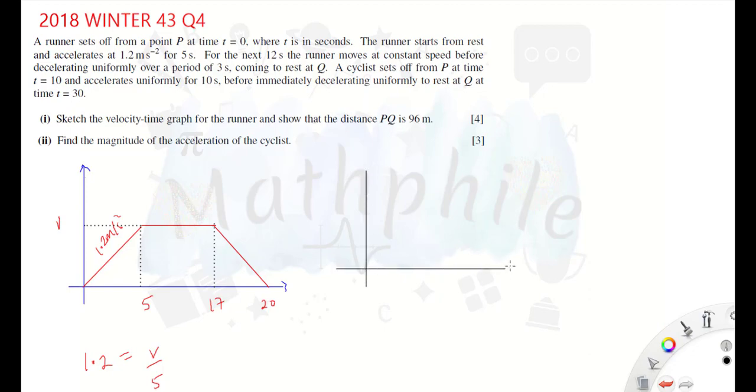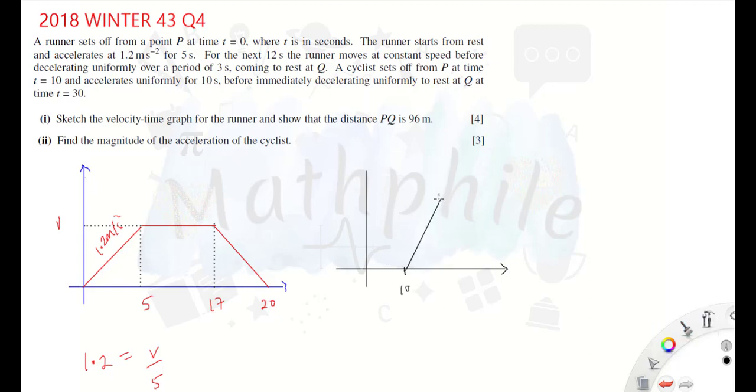So a velocity time graph for the cyclist, a quick one. The cyclist started from point P, the same place, 10 seconds after. So there's 10 seconds, that's where the cyclist started from, and accelerated uniformly.